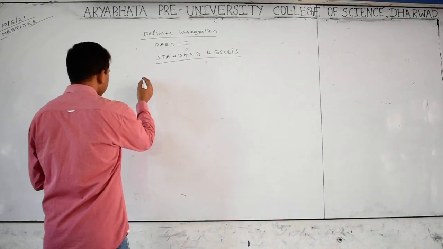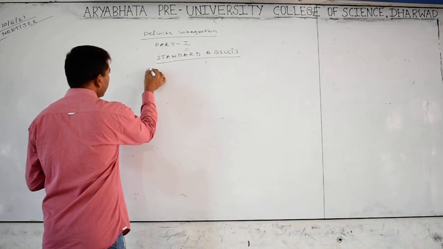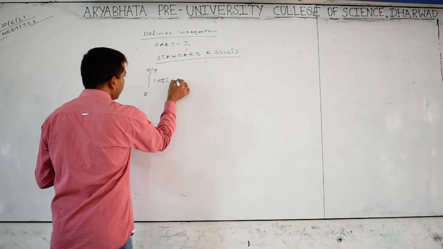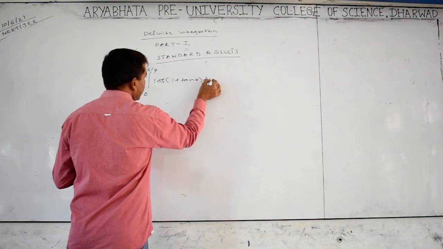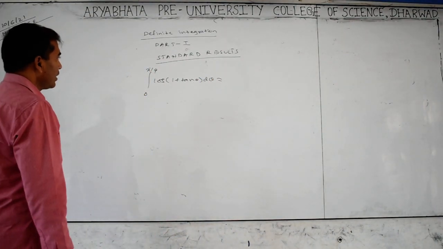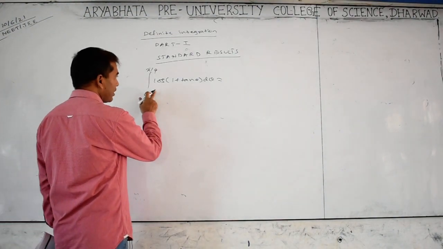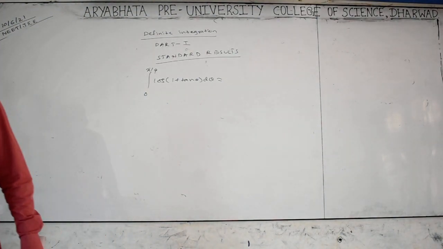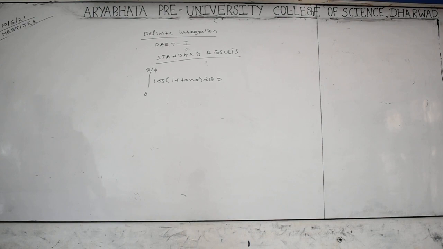First one is integration from 0 to pi by 4 of log of 1 plus tan theta d theta. We have discussed this in the theory. We have proved this also, this is a 5 marks question.